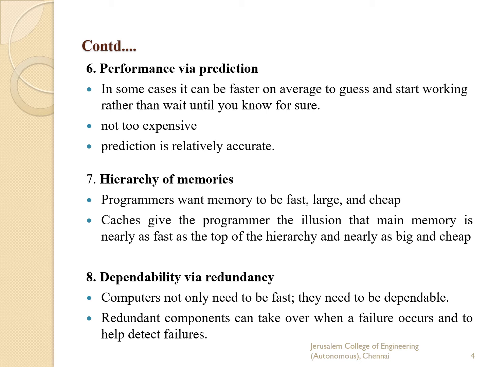But with the past history and experience, the designers should be able to improve the performance via prediction. The most important advantage of this is it is not going to be very expensive, and prediction has been relatively accurate in many designs till date. So you can improve the performance via prediction also.